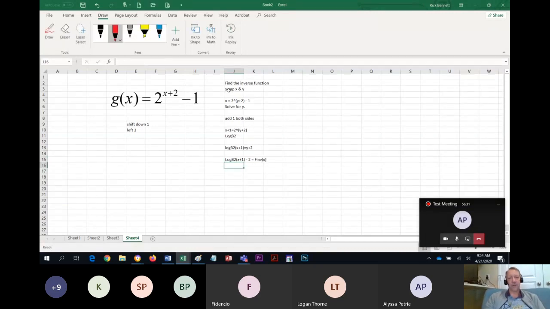Really hard to do notation on this without superscripts and subscripts. But that would be the inverse function. Okay, thanks. Now, what would be a really good question is if you could draw both that equation and this equation on the same graph. That would be awesome, but we're out of time.